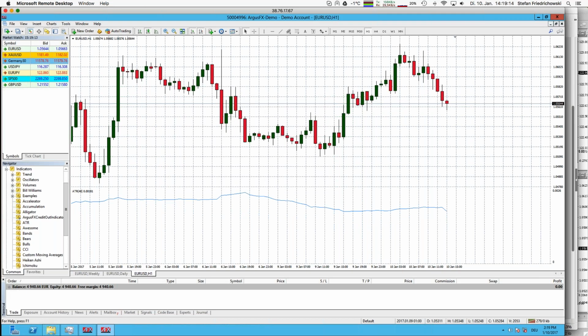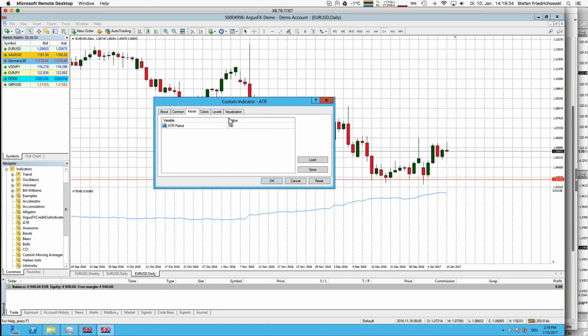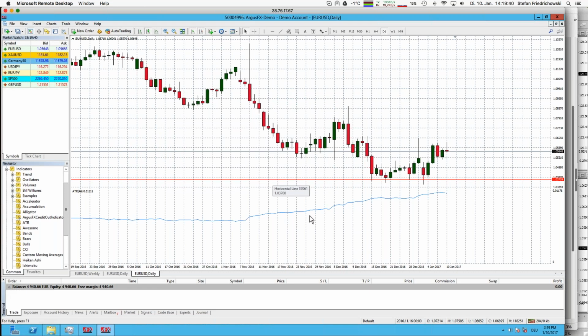Or, for example, if we go for a D1 chart, then 1 month has about 22 trading days, so it would be 44. But anyhow, there is no big difference between 48 and 44. You might not even see the difference, so there's no big change.